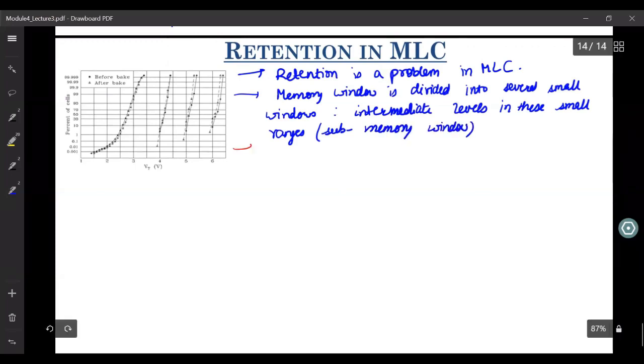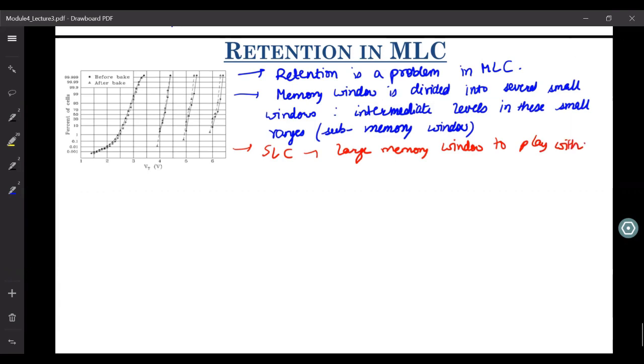In your SLC, you have a large memory window to play with. Even if your floating gate leaks some amount of charges, since your memory window is large, you won't land up in the other memory state.